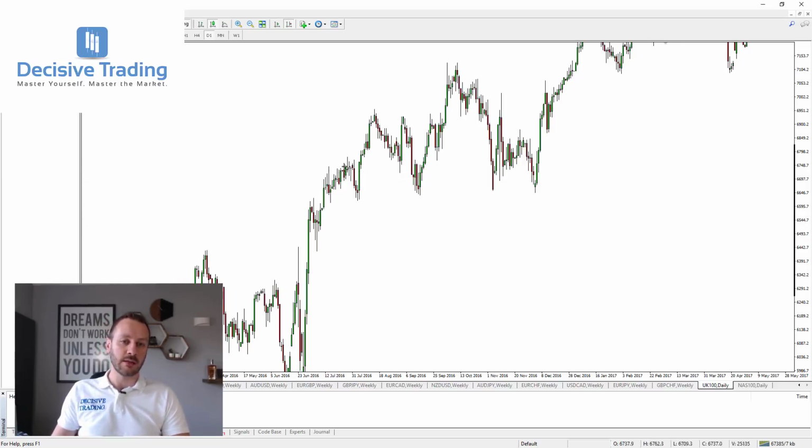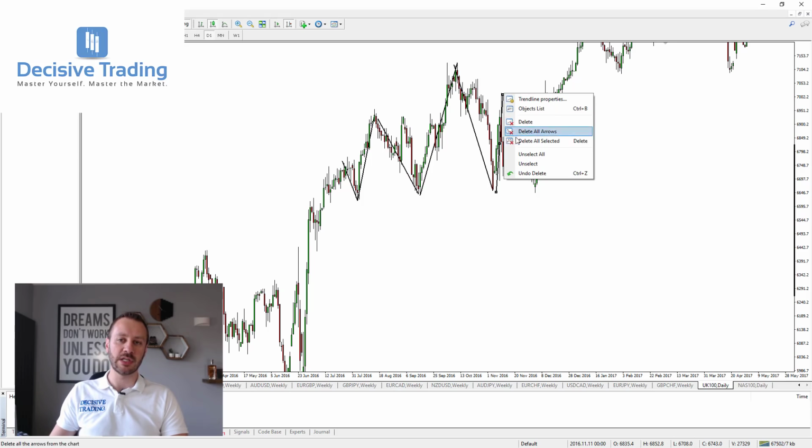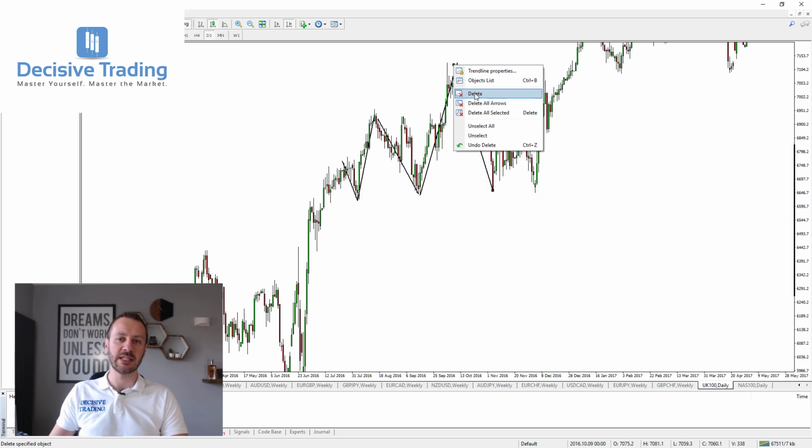We can see a triangle here, another triangle here, another one down here, and then you could say another one right here. So that was the initial clue that potentially we're looking at a trend line.